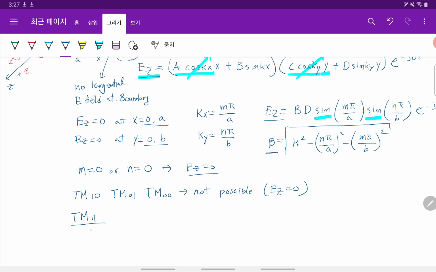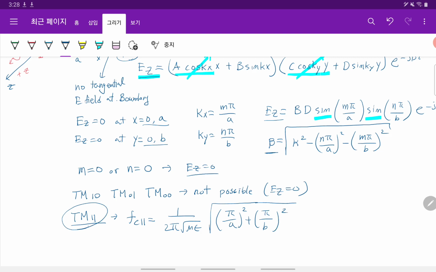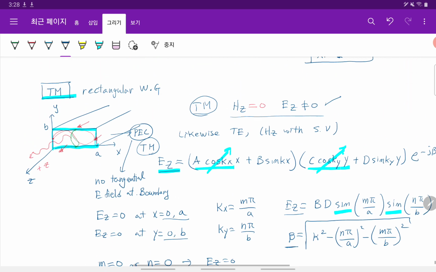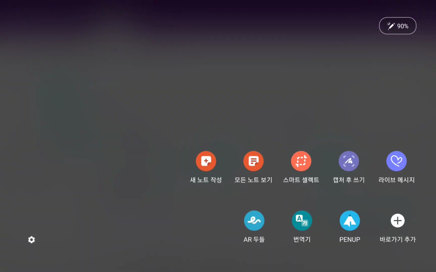So this is the lowest mode. So TM11 is the dominant mode for the TM case.